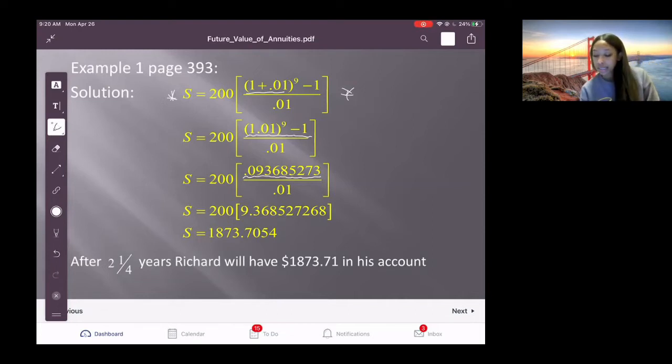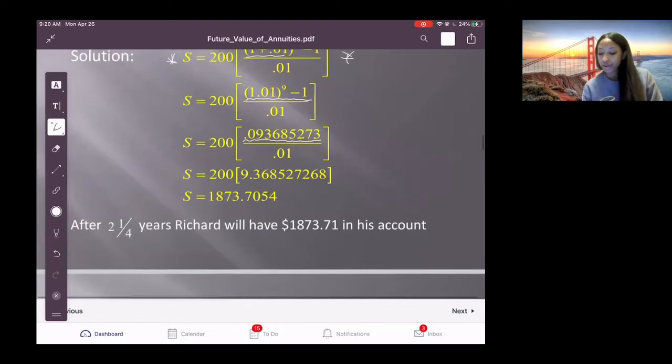All right, I want to take this a slight step further. It says we're going to end up with $1,873.71 in the account. Great. How much of that is money that we actually put into the account, and how much of it is interest? So a little quick note down here.